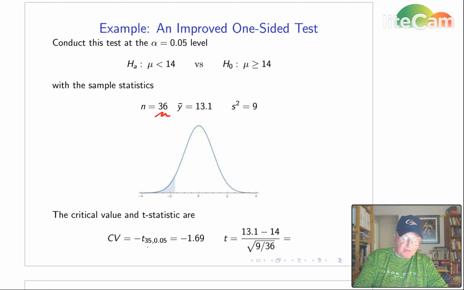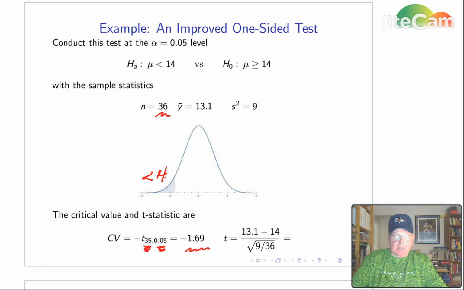We see 35 degrees of freedom with a 5% tail. We put a minus sign on the front because we're looking at the less than 14 side of the curve. When we look that up in the table, we get a critical value of minus 1.69. During the calculation, well, it's obviously negative. Let's see.